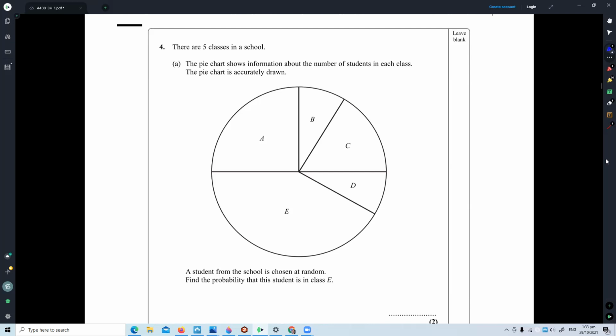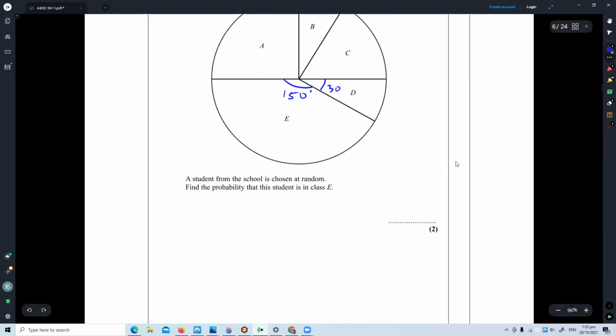So what I'd like to measure arbitrarily is perhaps this angle. Let's estimate that this is 30 degrees. If that was 30 degrees, this should be 150 degrees. And we should do, for the probability, 150 divided by 360.